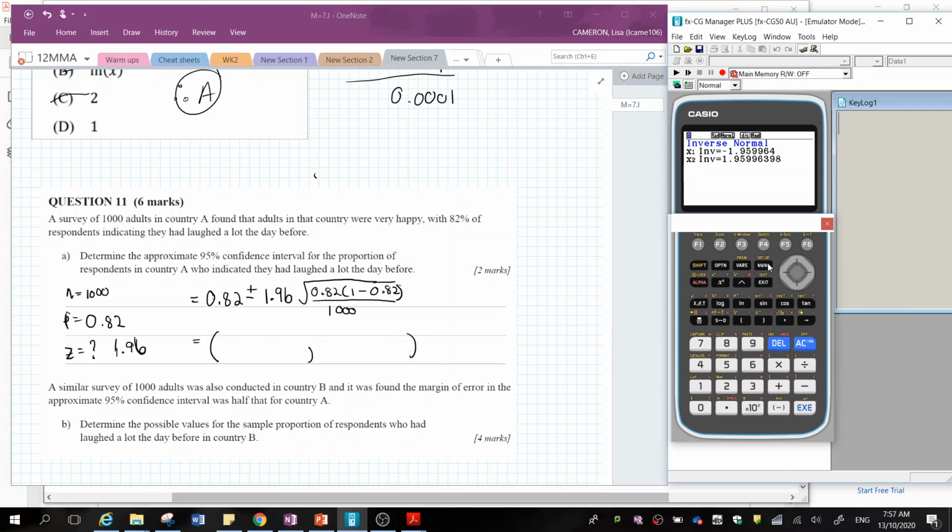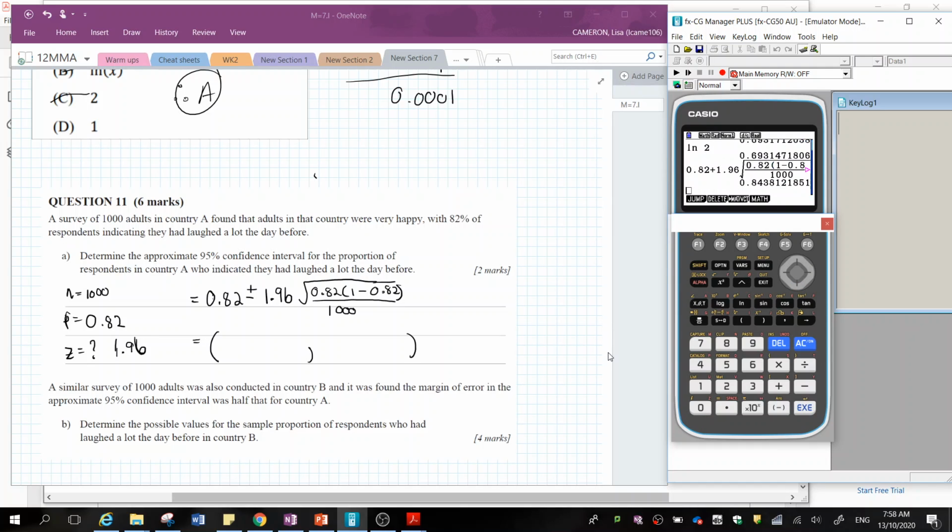So, menu, execute. So now I'm just going to input this in, 0.82 plus 1.96 square root, and I'm going to press my fraction button straight away, 0.82 comma 1 minus 0.82, close that bracket, all over 1,000.